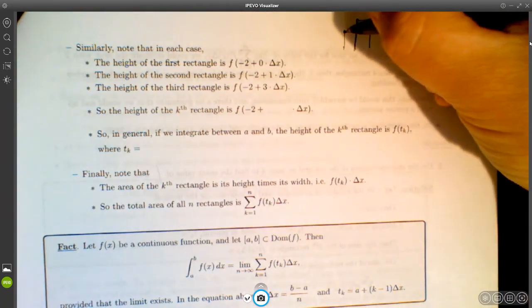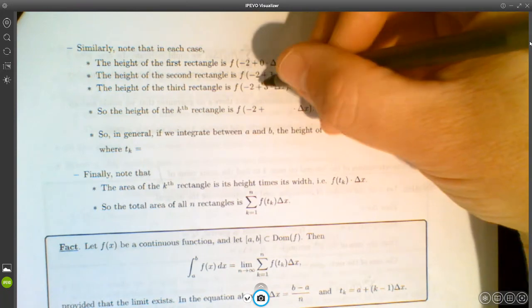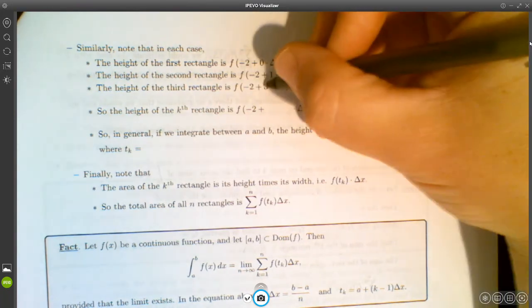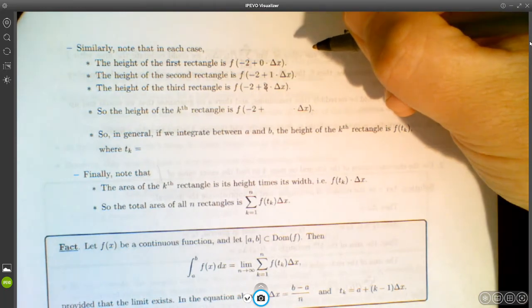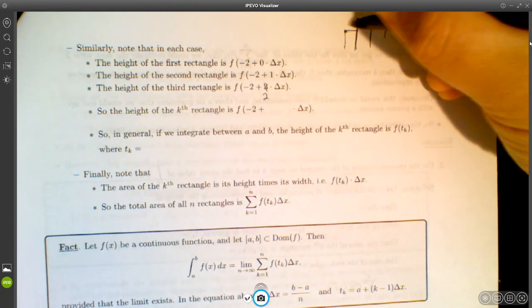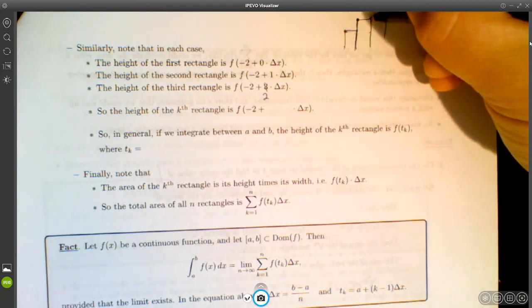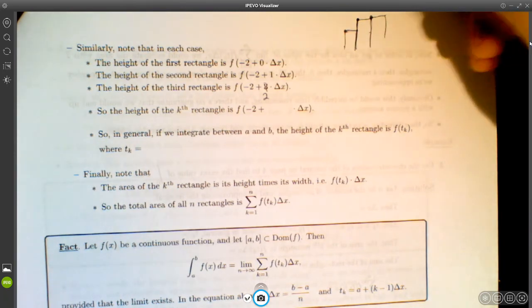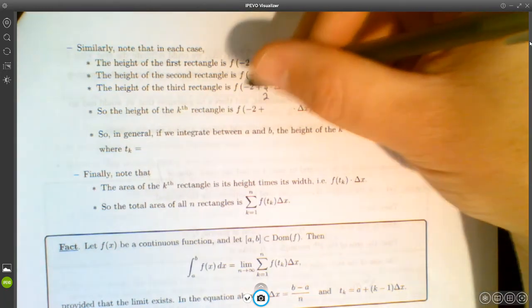For the next one, the height of the third rectangle is going to be -2 plus, not 3, this should say 2. So it should be twice the width, to get us to the next endpoint. So it's 2 times the width plus our starting point.